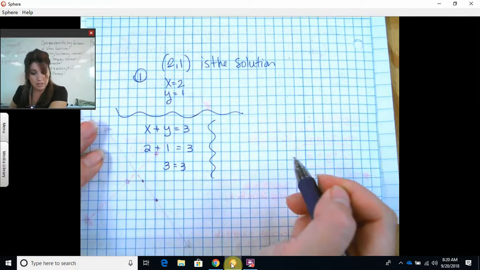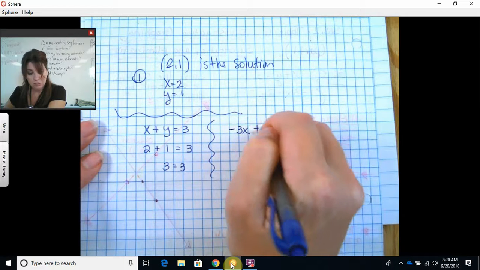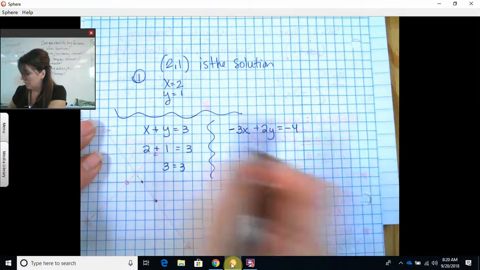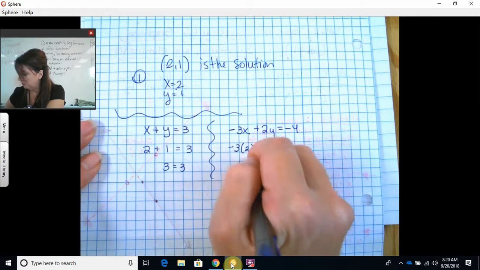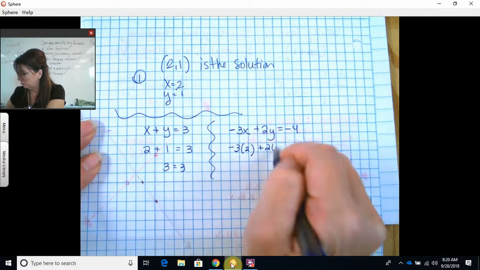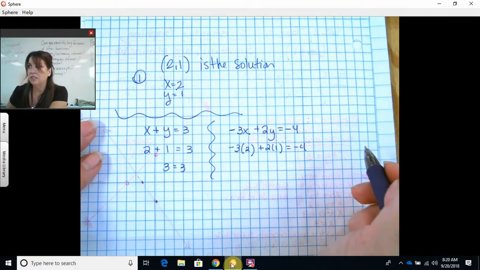The other equation was negative 3x plus 2y equals negative 4. So when x is 2, that would be negative 3 times 2 plus, and y is 1, so 2 times 1. Notice I don't have any variables now, so I'm not moving anything to the left and to the right.